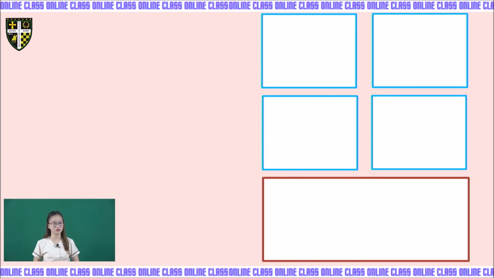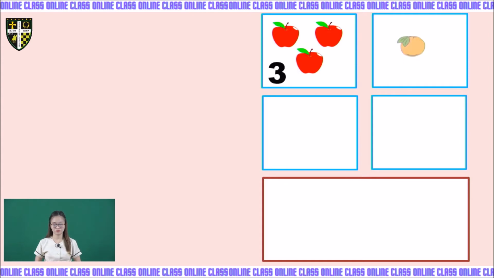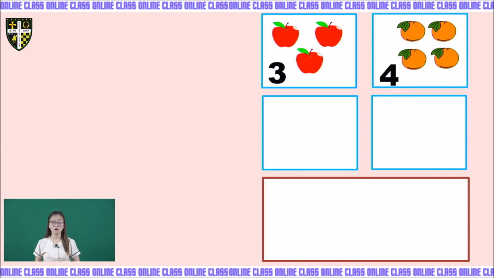So let's start counting. So we have 1, 2, 3. So we have 3 apples. Next. So we have 1, 2, 3, 4. So we have 4 oranges. Next.